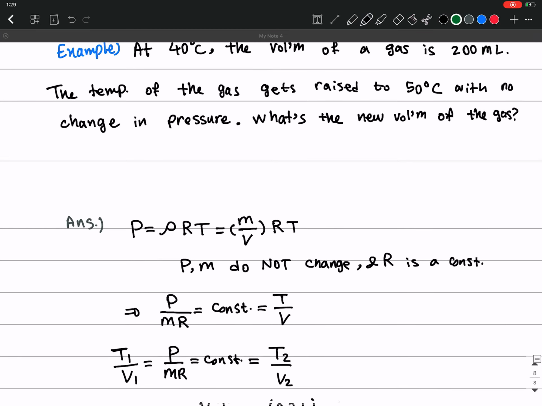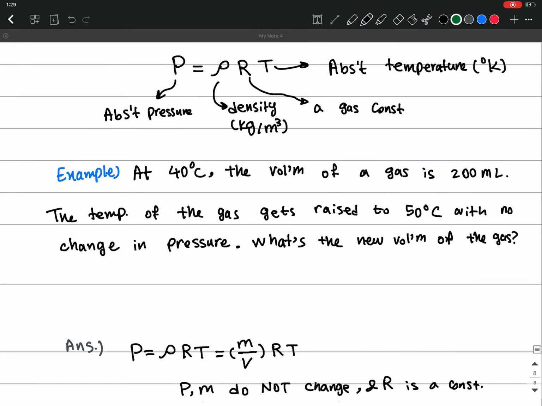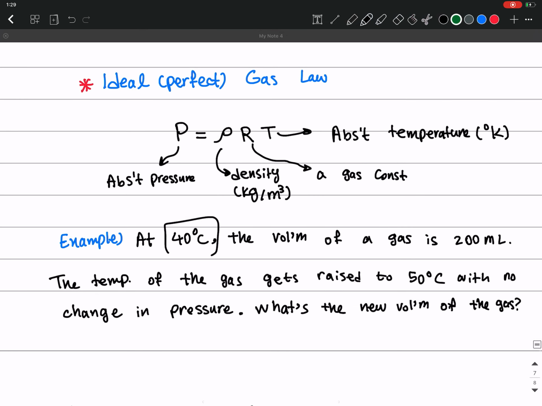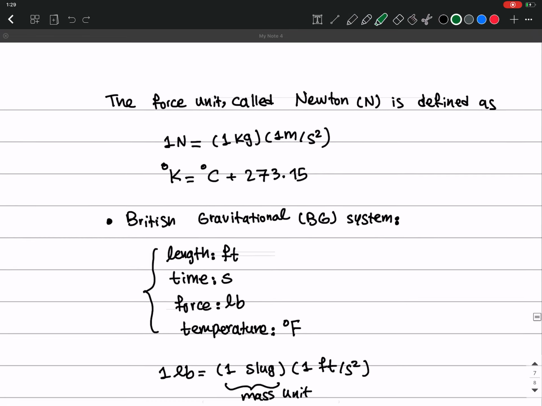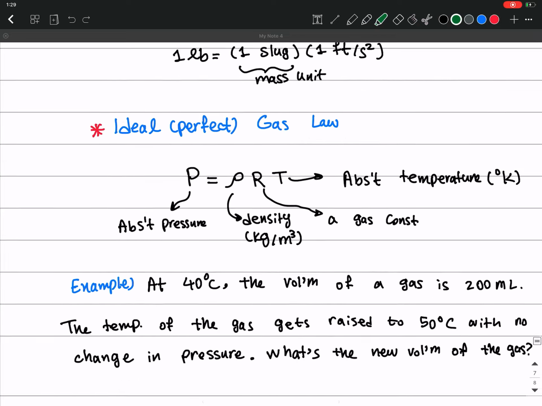So 0.2 liter, and then we have the temperature. But the temperature is given in Celsius, and based on this formula it should be in absolute temperature. So I need to convert it to Kelvin based on this formula written here. One Kelvin is one centigrade plus 273.15.